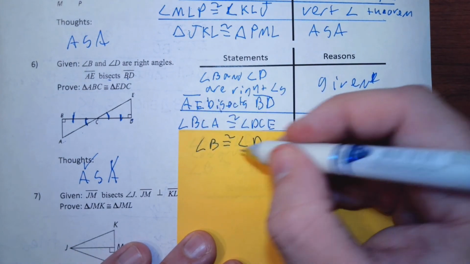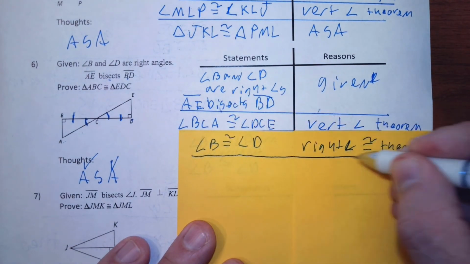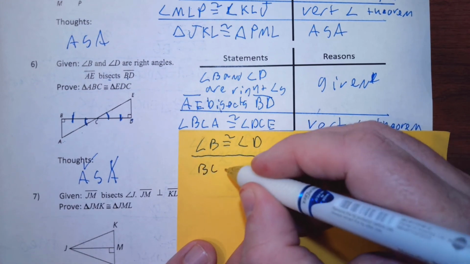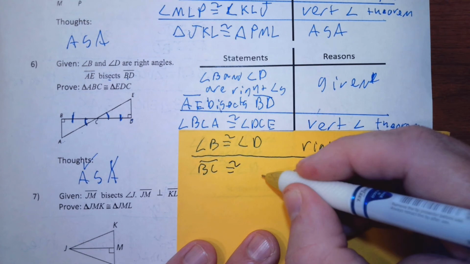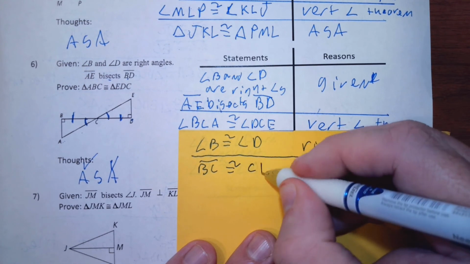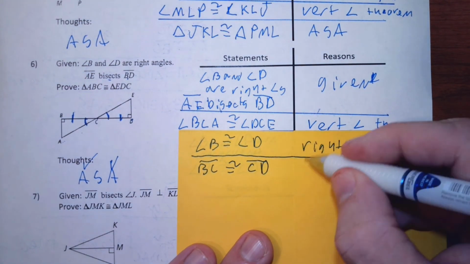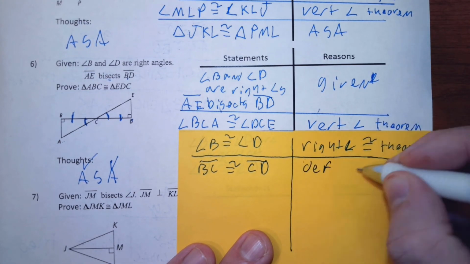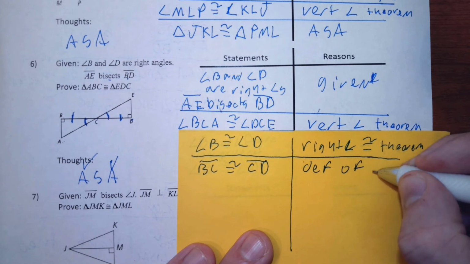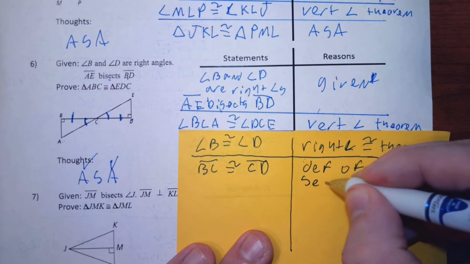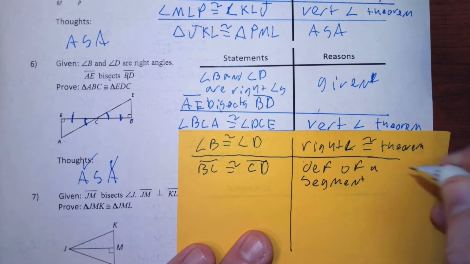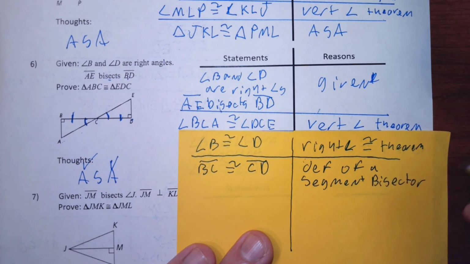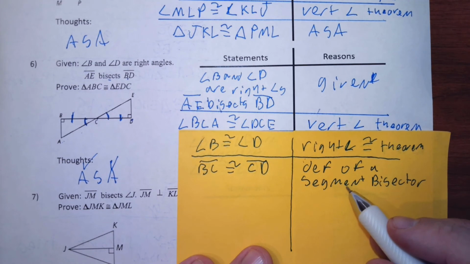And then we have that side. Okay, and we're going to call that BC is congruent to CD. And we're going to say that that is because of the definition of a segment bisector. And you need that because there's also an angle bisector.